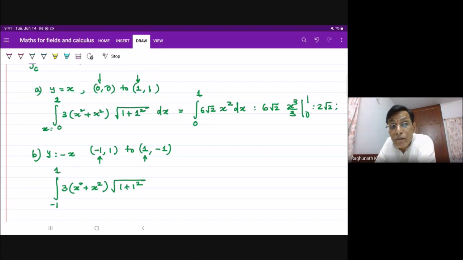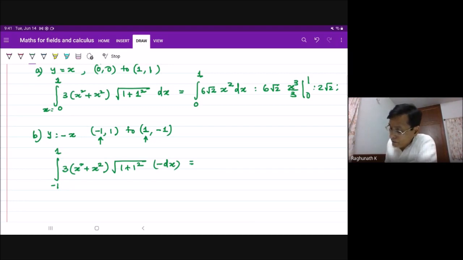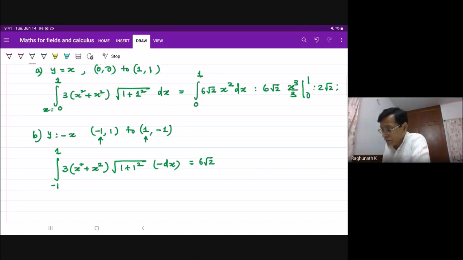dy is equal to minus dx, which is equal to 6 root 2, no? 6 root 2, integral minus 1 to plus 1, 6 root 2 x squared dx, if y is equal to minus x.